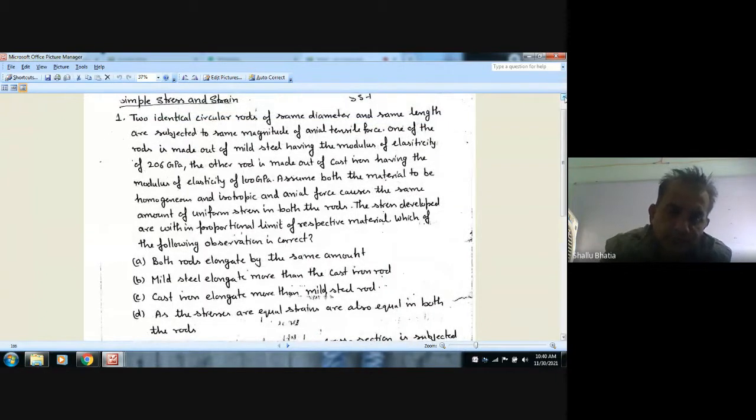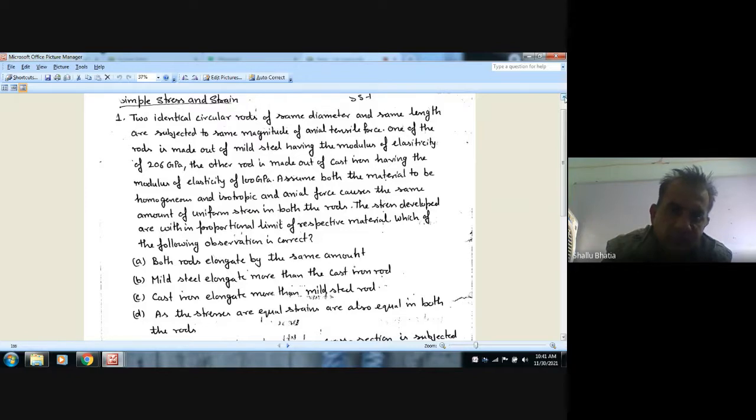Two identical circular rods of same diameter and same length are subjected to same magnitude of tensile force. One of the rods is made out of mild steel having modulus of elasticity of 206 GPa and the other rod is made out of cast iron having modulus of elasticity of 100 GPa.